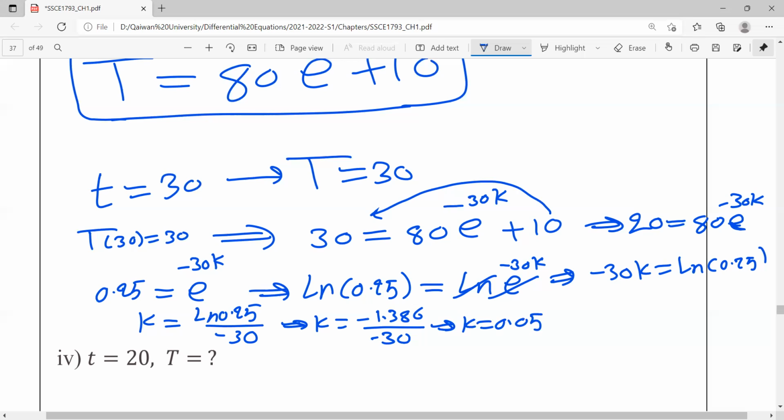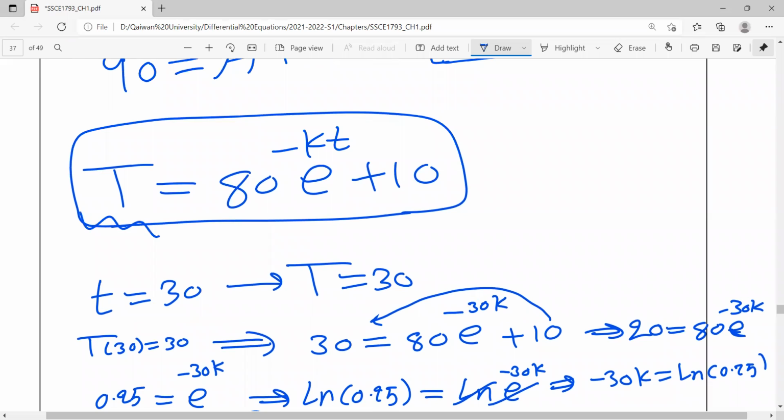Now we return this to the function. K is only a constant, the constant of proportionality. What's the equation now? From this equation, if you replace k by its value, what do we get?